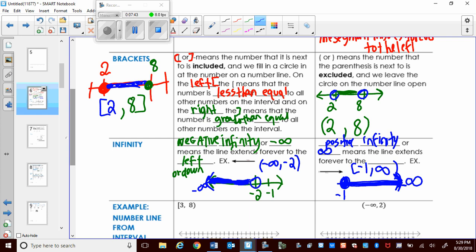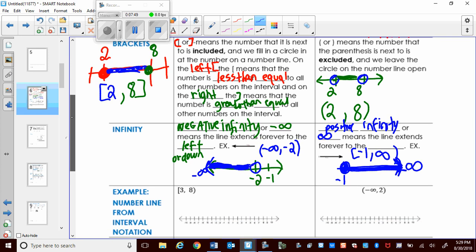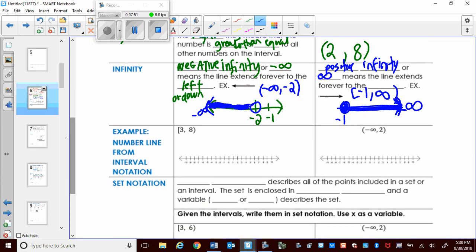Now, we're going to practice an example on a number line. So I'm going to find 3, and I'm going to find 8. I'm going to make 2 holes, one at 3, one at 8. Okay? Now, I know that this segment is filled in between 3 and 8. But I don't know yet, is 3 included?